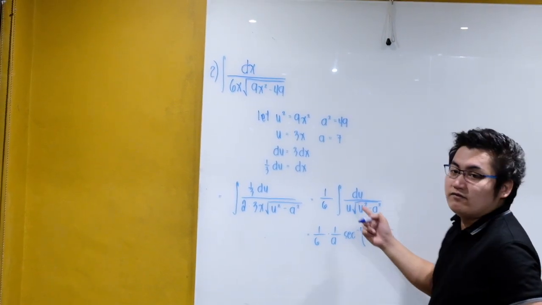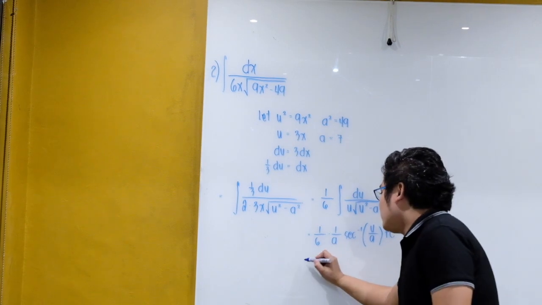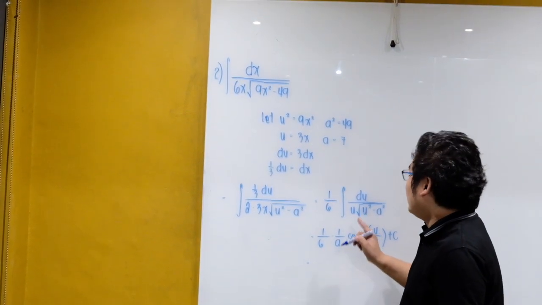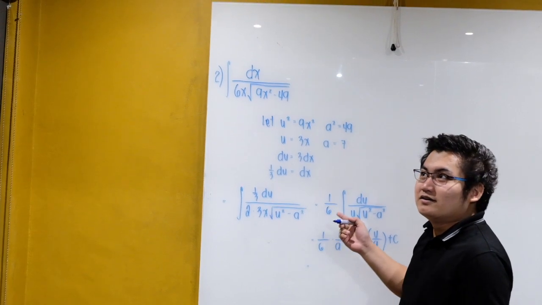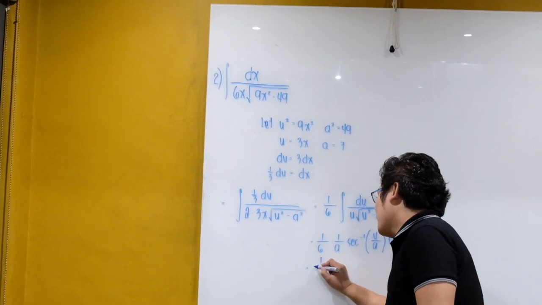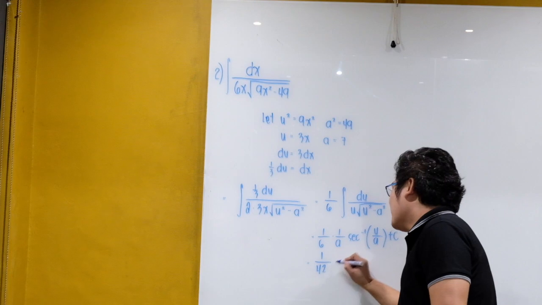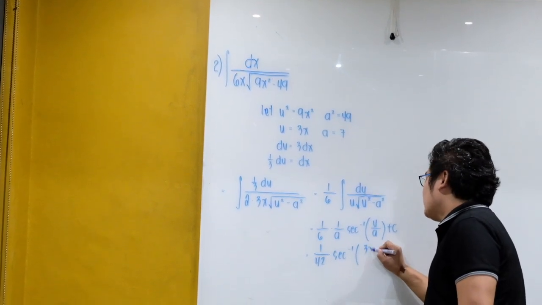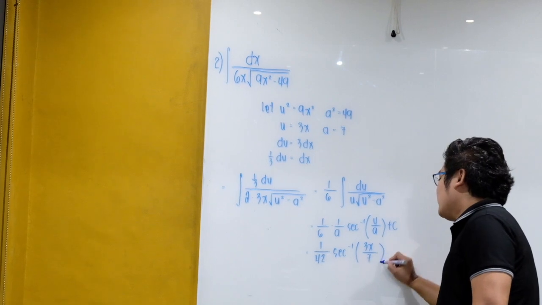So substituting the values for u and a, it will now become 1 over 6 times 1 over 7 is 42. 1 over 42 secant inverse of 3x over 7 plus c.